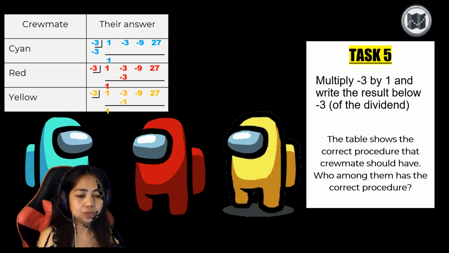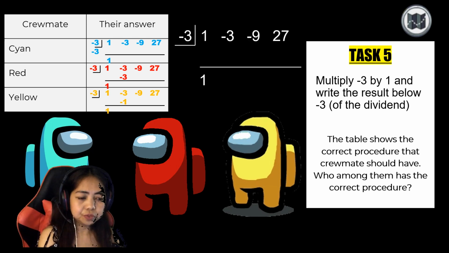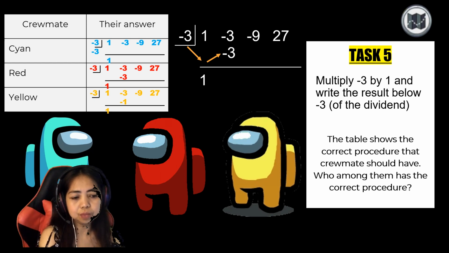So, if this is our solution a while ago, again, inuulit ko, ito yung mga coefficient ng ating dividend, ito yung sa ating divisor, tapos, diba, bring down natin yung first coefficient. So, multiply natin yung negative 3 and 1. Negative 3 times 1. Tapos kung ano yung sagot, ilalagay daw dun sa ilalim ng negative 3. So, negative 3 times 1 is negative 3. Ayun, dun natin ilalagay. Okay? So, remember that.